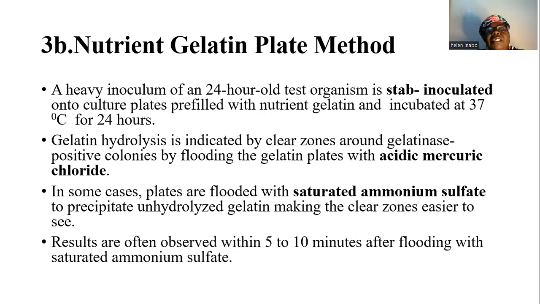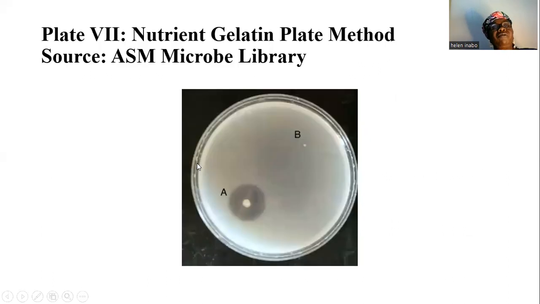Gelatin hydrolysis is indicated by clear zones around the gelatinase positive colonies, following the flooding of the gelatin plates with either acidic mercuric chloride or, in some cases, saturated ammonium sulfate. These reagents will precipitate unhydrolyzed gelatin, making the clear zones easier to see. Results can be observed within 5 to 10 minutes after flooding with saturated ammonium sulfate.